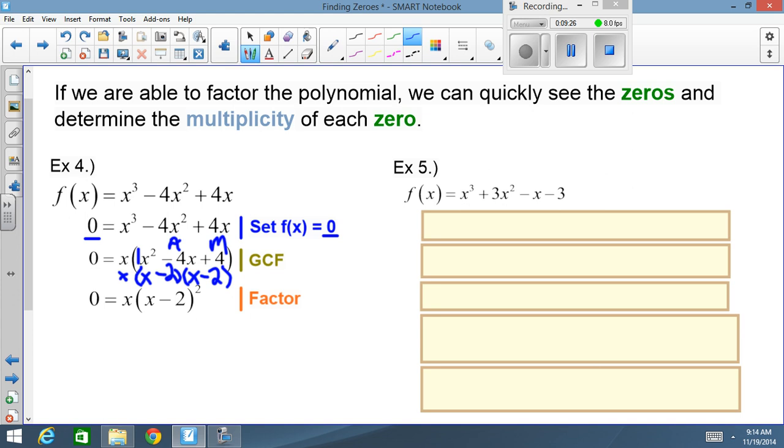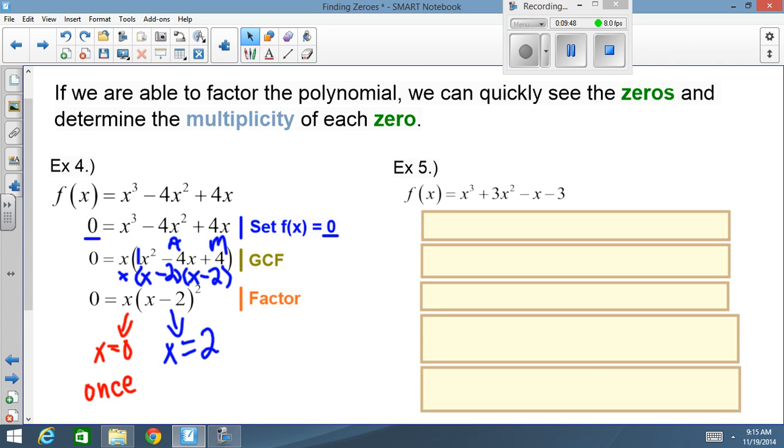So they wrote it as x minus 2 squared. So my zeros are going to be x equals 0 here, and x equals 2 here. This is going to have a multiplicity of 1. It's going to cross once. Actually, let me just write it as 1. And this over here is going to have a multiplicity of 2.